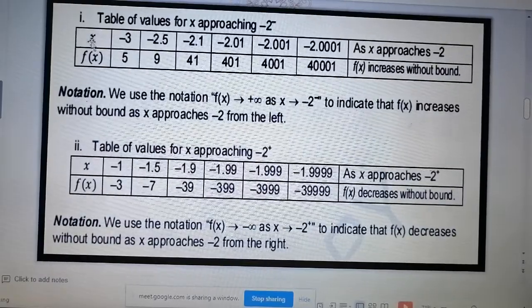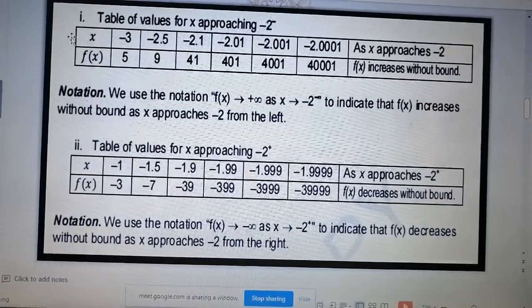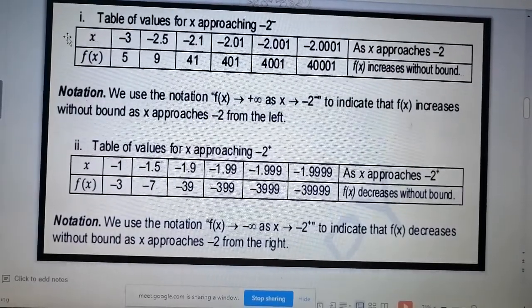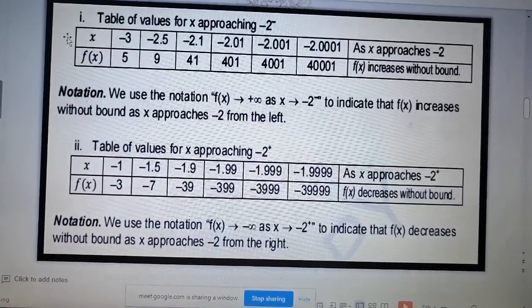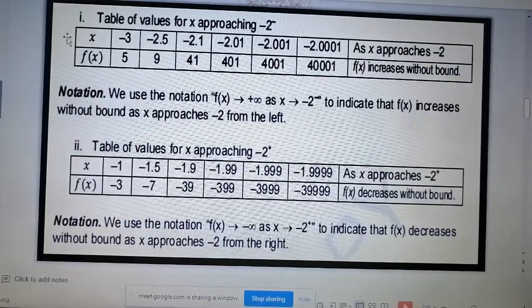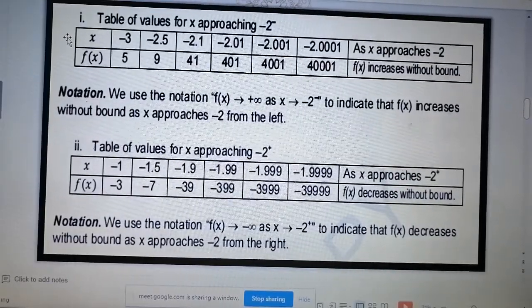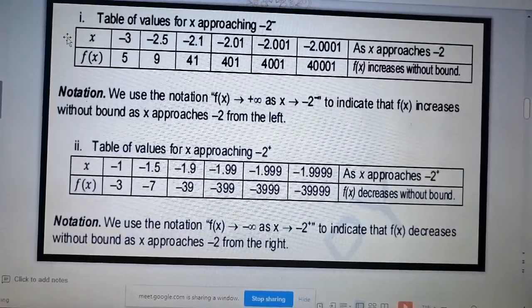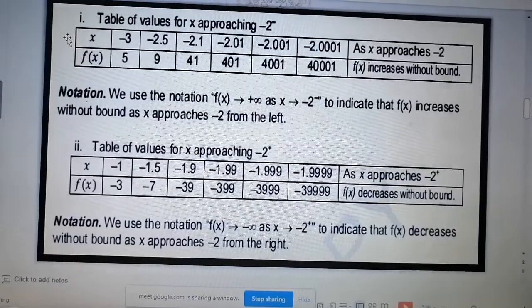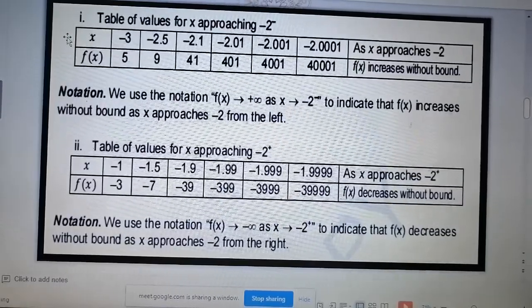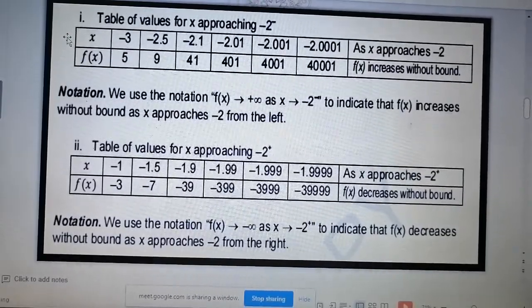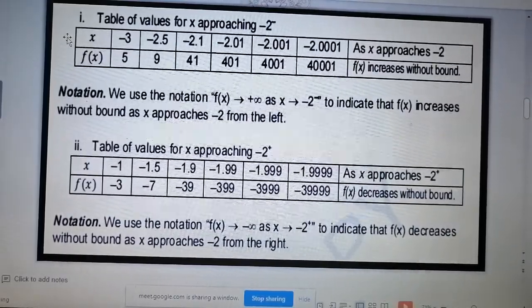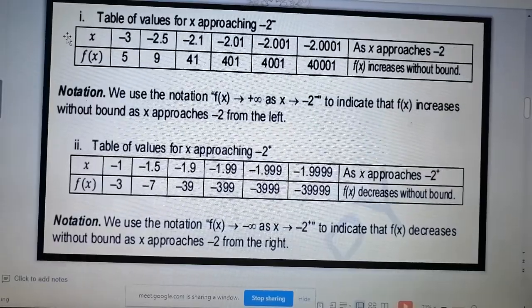X plus 2. Negative 3 raised to negative 2.